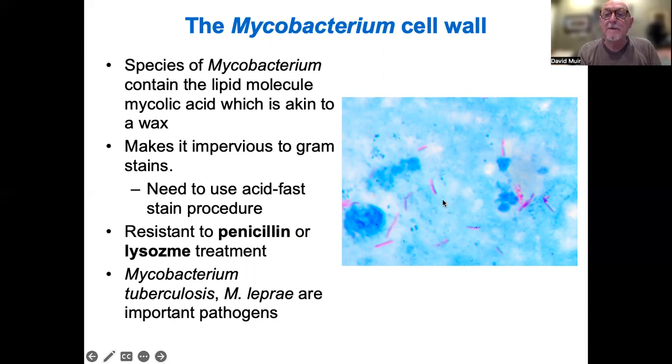The end point of an acid-fast stain procedure is that any bacteria which have mycolic acid end up staining this color. Here they are. These are actually bacteria of tuberculosis, Mycobacterium tuberculosis, long rods, and you can see they stain a distinctive red color.